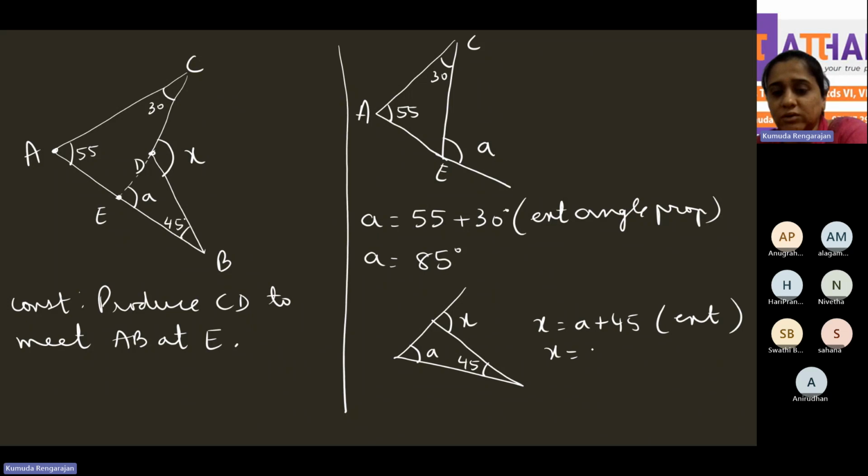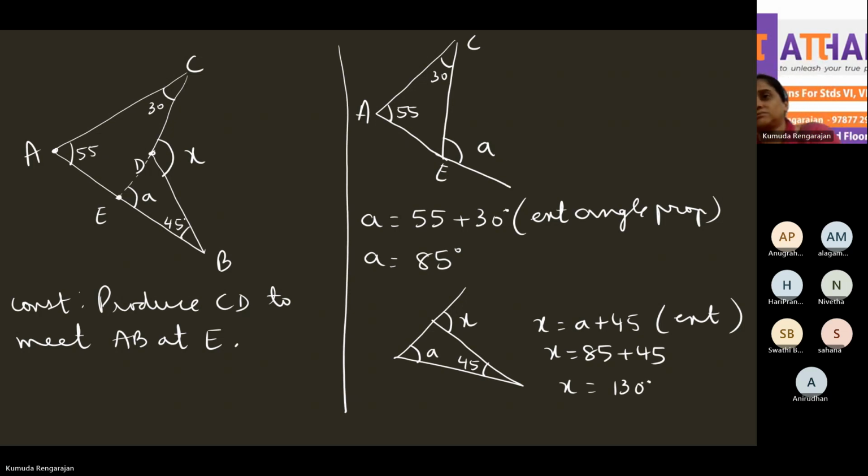So X is equal to 85 plus 45. X is equal to 130 degrees. Both using exterior angle property in a triangle. Go home and try to understand that better.